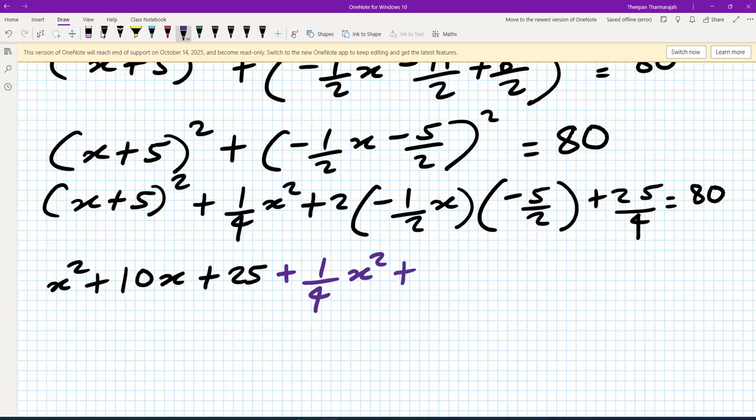The half and the 2 cancel, so I get 5 over 2 x plus 25 over 4. Now that's equal to 80.